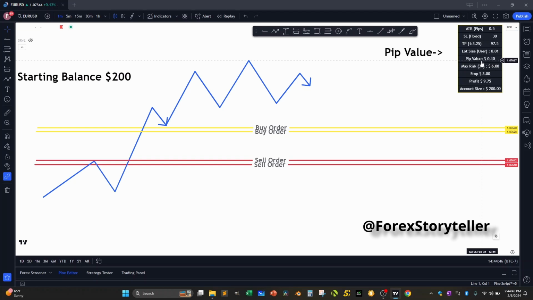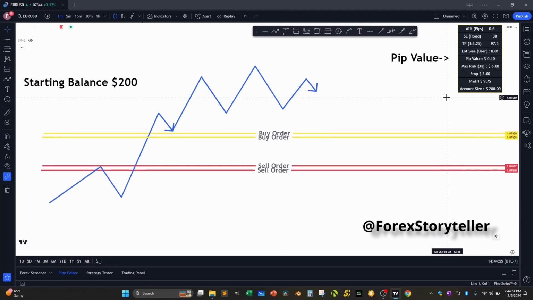So we're going to use a smaller size in order to control that risk, because it's all about risk control at the end of the day. So if we were to expose ourselves for $3 of risk, it's also going to take into consideration the pip value.